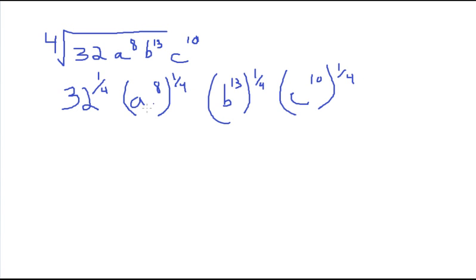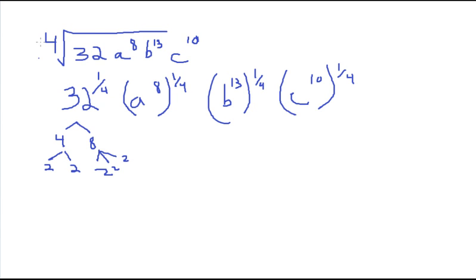So let's begin with 32. So we're trying to find the fourth root of 32. So if we were to break down 32, we can divide this by 4 and 8, and that would give us 2 times 2, and 8 would be 2 times 2 times 2.